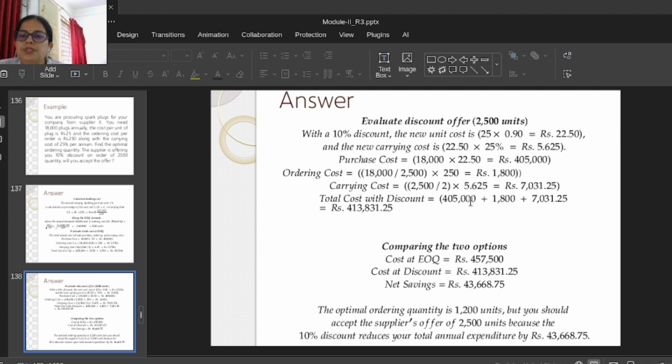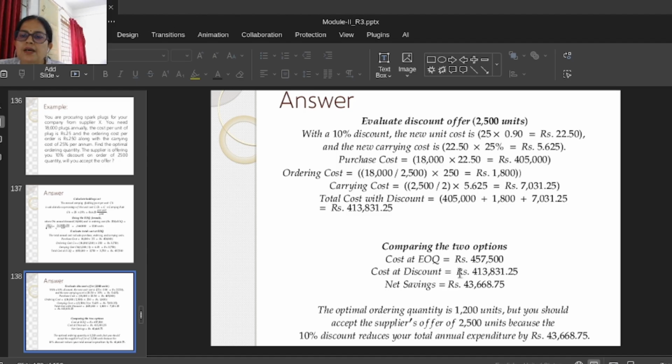So total cost with discount we can calculate: 4,05,000 plus 1,800 plus 7,031.25. So the total will be 4,13,831.25.